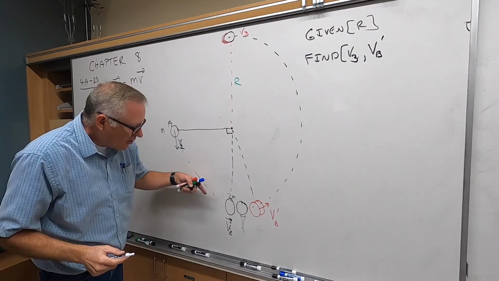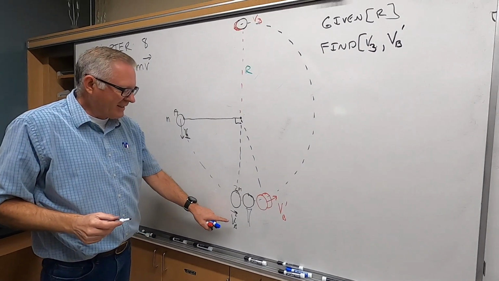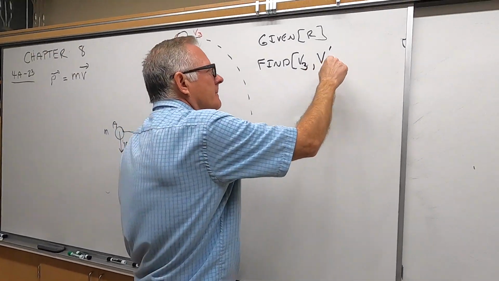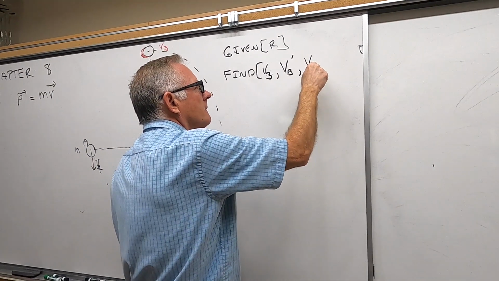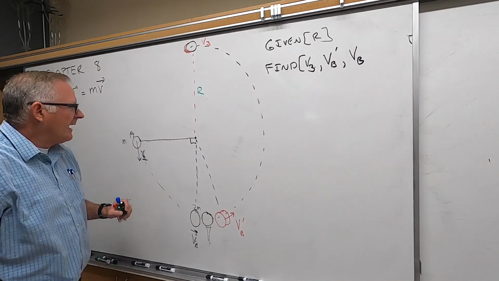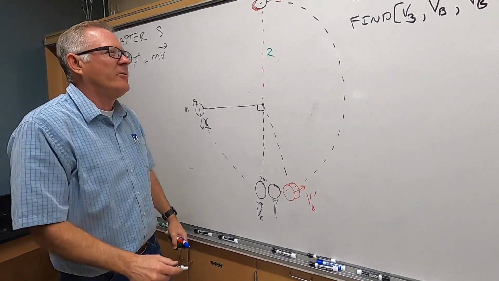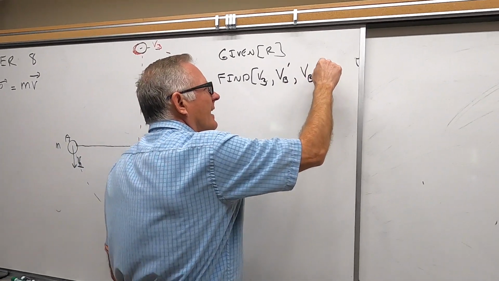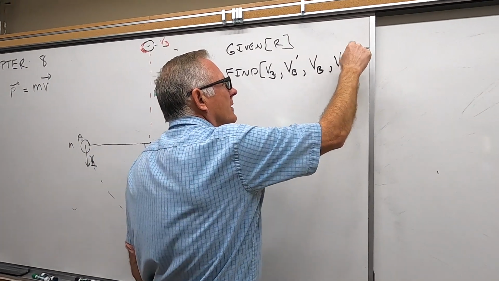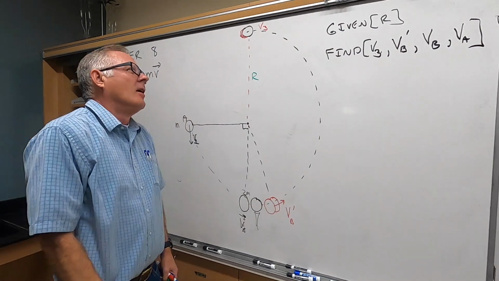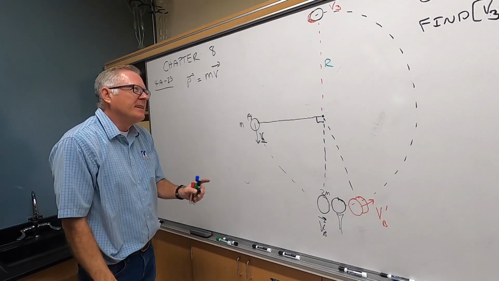I'd also like to know what the speed is before the collision, which is VB. And I'd like to know the speed that you threw it at, VA. I'd like to calculate all of those, given R.